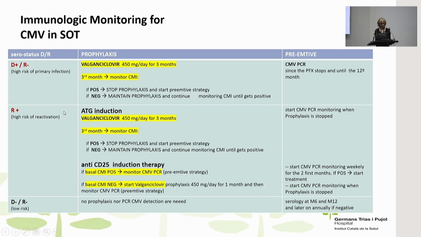If the induction is ATG based, we will give him 3 months of valganciclovir and then monitor the CMI and do the same as in the high-risk group. But if the patient receives anti-CD25 induction therapy, then we just do monitoring and just start valganciclovir for 1 month if the CMI is negative.